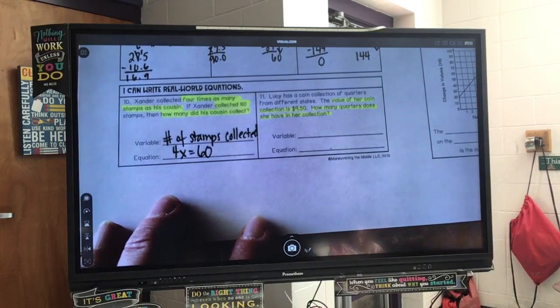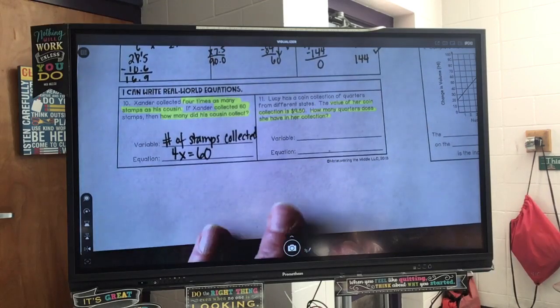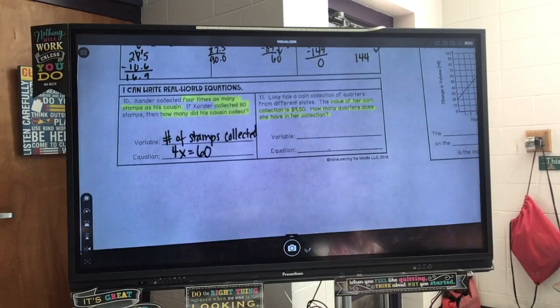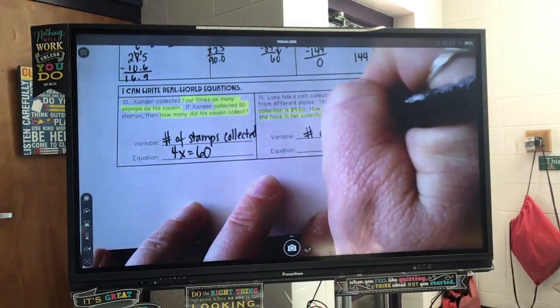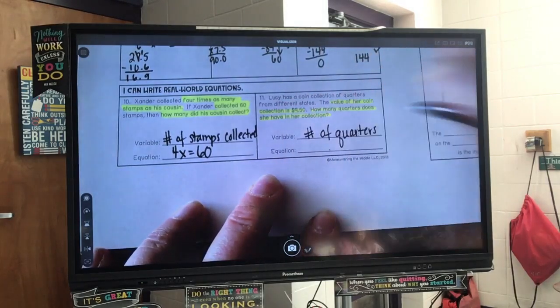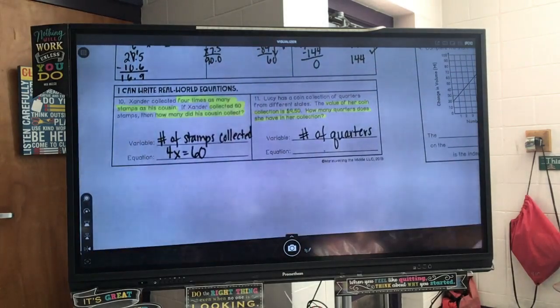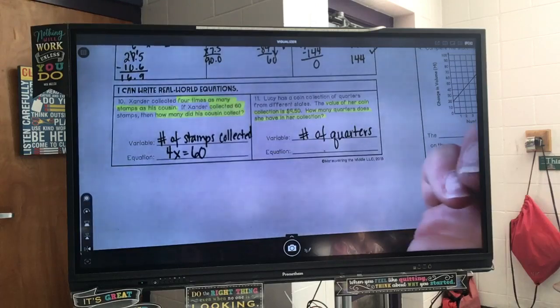No? Alright, so what is our variable? What are we looking for? The number of quarters she has. Alright, and then what is our operation? Oh, to solve it or the equation? The equation.